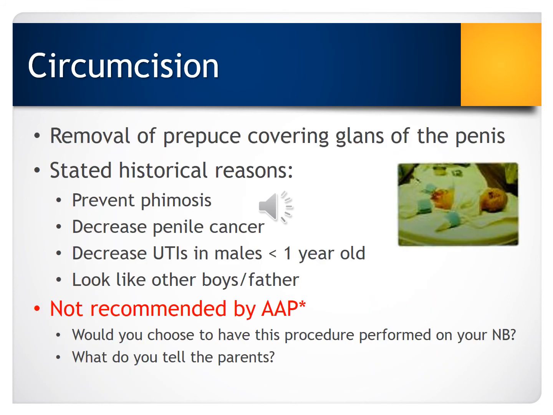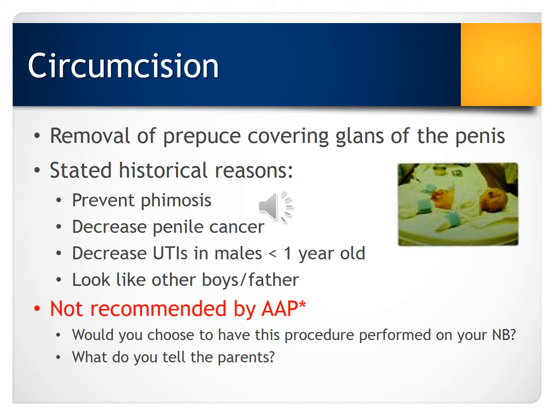So a controversial topic that nurses in the maternal child world will be faced with is circumcision. And so the definition of circumcision is the removal of the prepuce covering of the glans of the penis. And so the foreskin of the penis is removed.